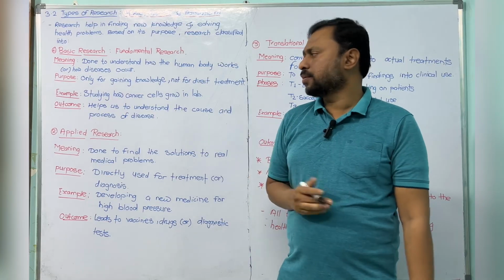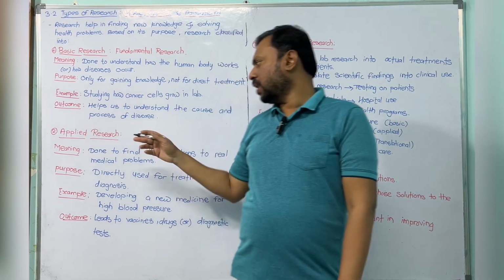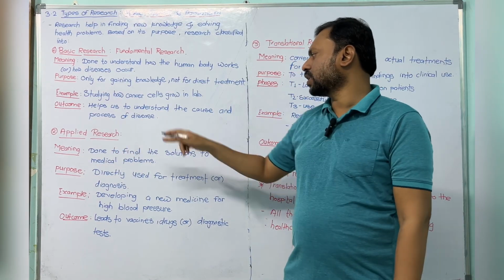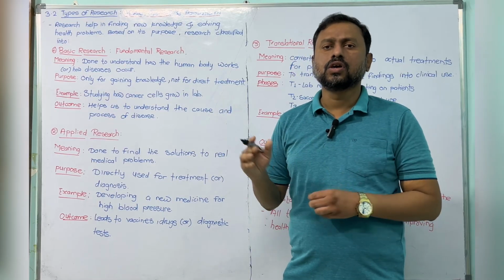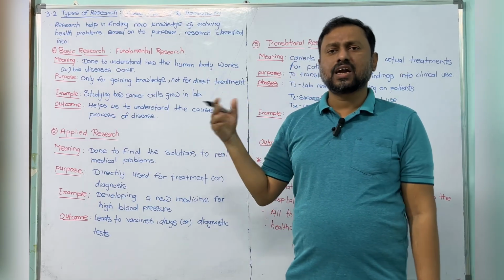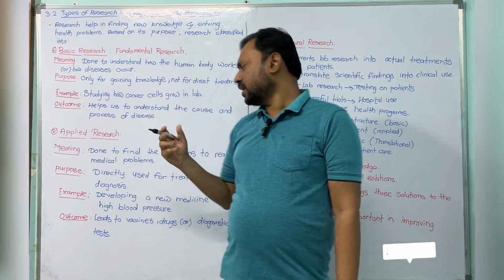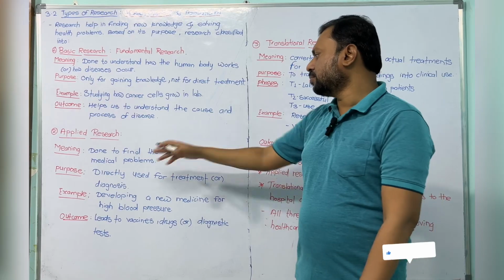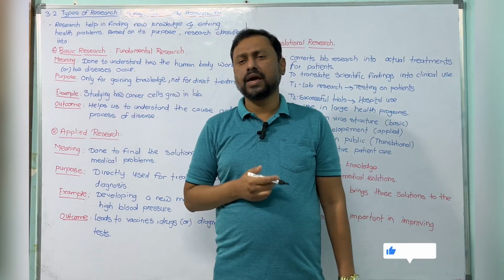This is about basic research. Next one is applied research. Applied research is done to find solutions to real medical problems. Whatever diseases there are, new diseases or diseases like cancer, where there is no solution yet, finding the solution to the real medical problem is the main purpose of applied research.